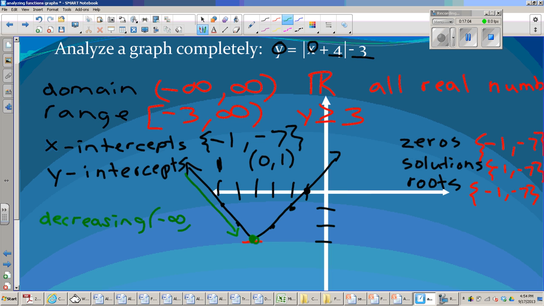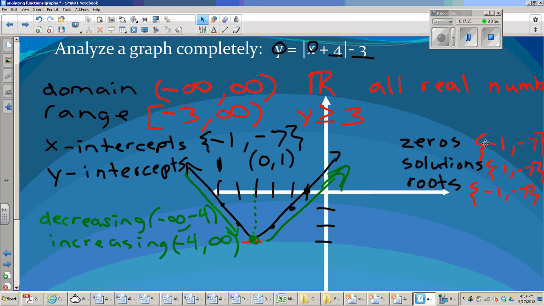We want the x point, -4. Now we're going to do increasing. The graph starts to go up. Where does it start? -4. Notice these 2 numbers are the same. Why? Because it stopped going down and started going up at that point. Where does it stop going up? It never does. Going to positive infinity.